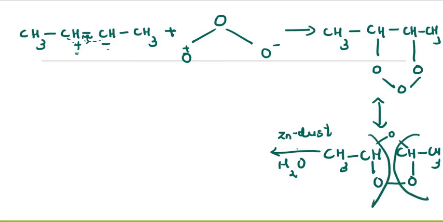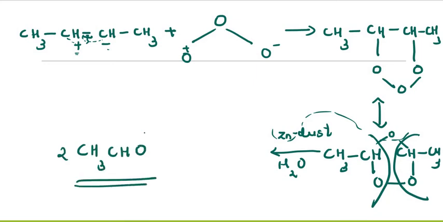And this oxygen will combine with Zn, giving what? ZnO, zinc oxide, and thus our product will be what? CH3CHO and CH3CHO. That means we are getting 2 moles of CH3CHO. This is the basic concept of ozonolysis.